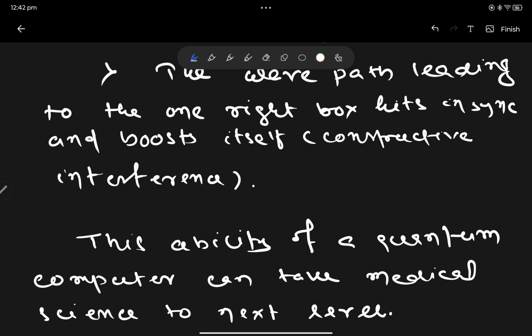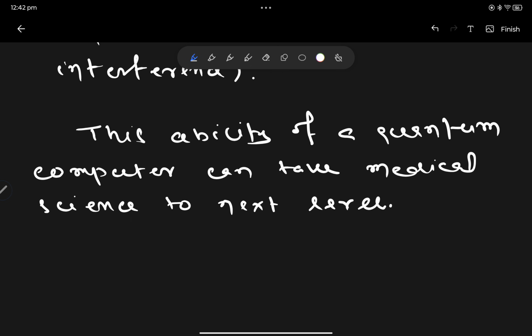So instead of a normal computer, in a quantum computer, in one go you are going to find the key, whereas in a classical computer, it would count 1, 2, 3 and it might take up to 1000 tries. This ability of a quantum computer can take medical science to the next level.